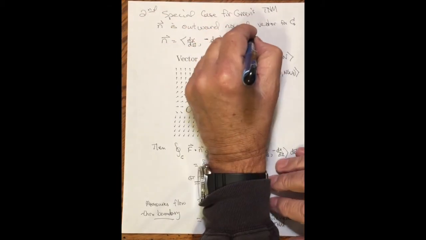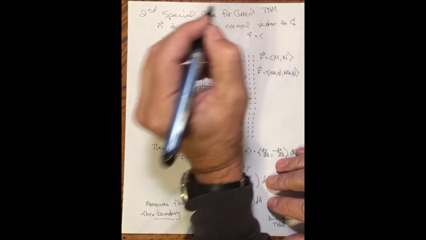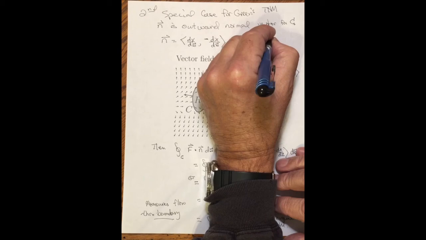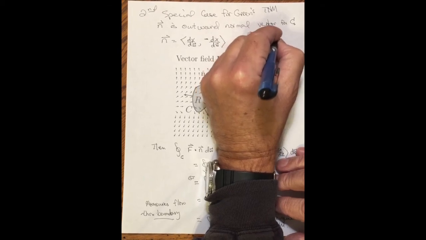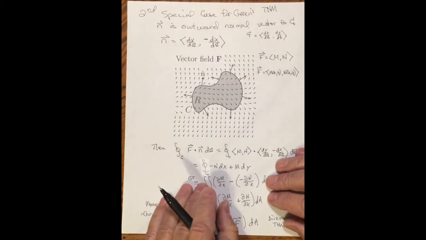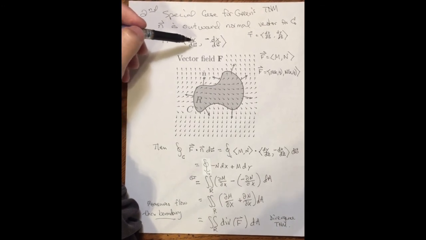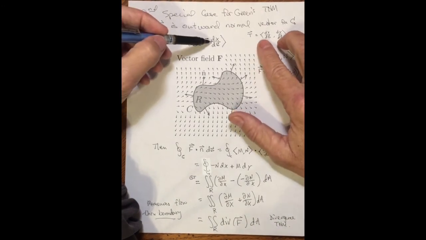Now, remember in the previous discussion, we let the unit tangent vector be dx/ds, dy/ds. Well, here, the way we're going to represent the normal vector is we're going to swap these two and make one negative.